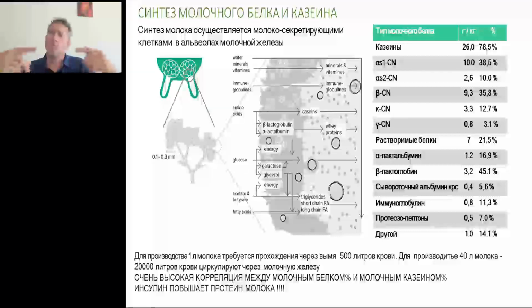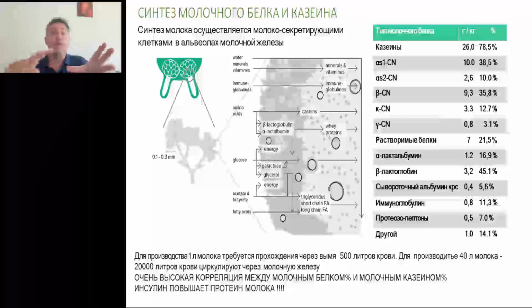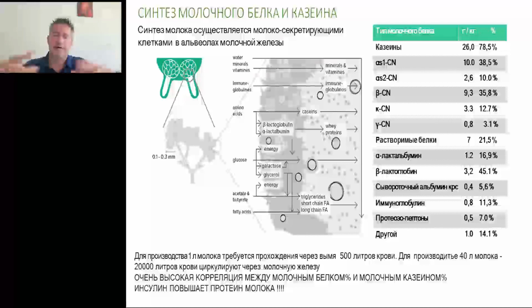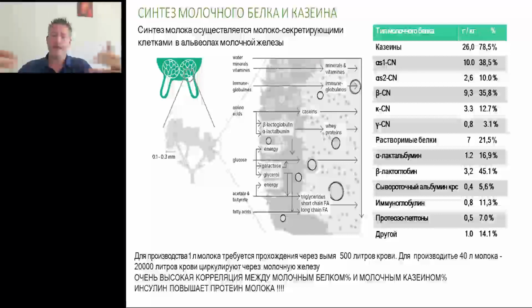That's why when we try to increase the milk protein, at the same time we increase also the casein, because there is very high correlation between milk casein and milk protein. When we increase the secretion of insulin, we have a higher production of milk protein.